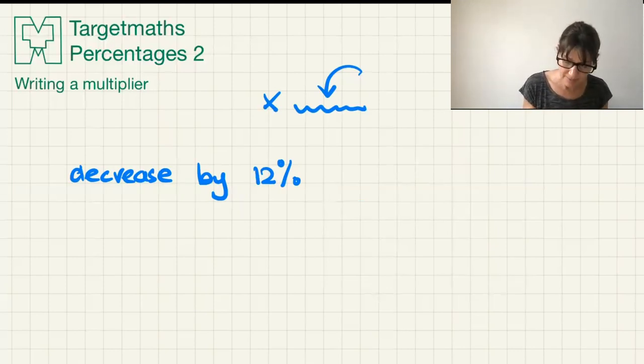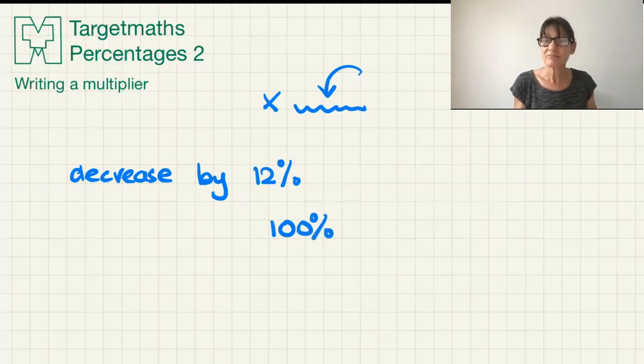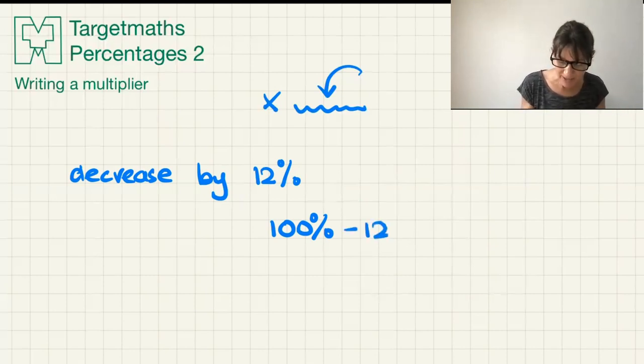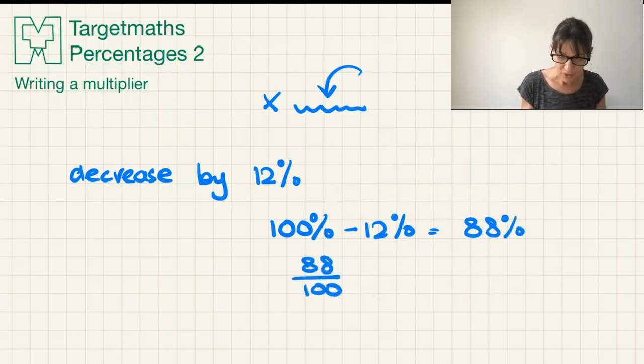So I'm going to take my 100%. Now, if I added for increase, what am I going to do for decrease? I'm going to take away. So take away 12%, that is going to equal 88%, which is the same as saying 88 over 100, or in two places, decimals here, using the decimal 0.88.